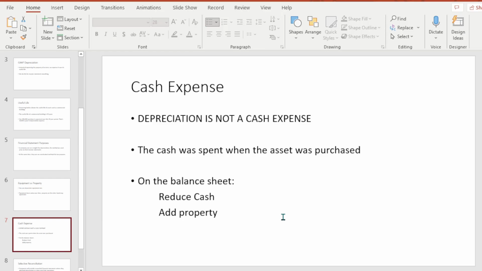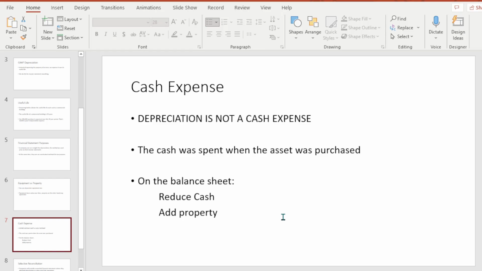So depreciation is not a cash expense because we already utilized all the cash on that purchase in the initial year that the asset was purchased. So in future years, when we're depreciating, this isn't hitting our cash account. So just to clarify, the cash was spent when the asset was purchased.